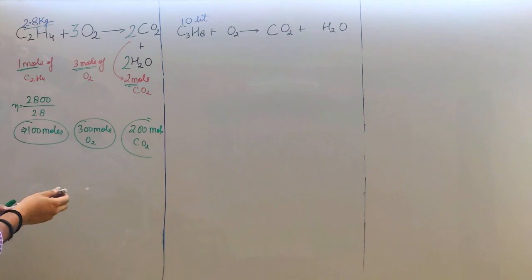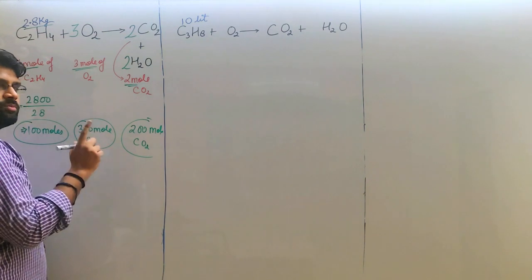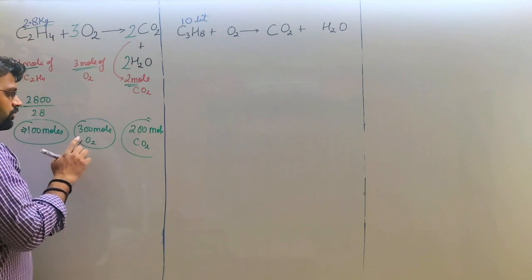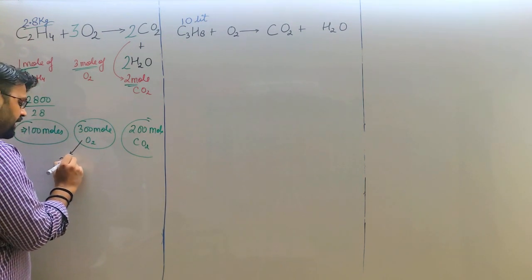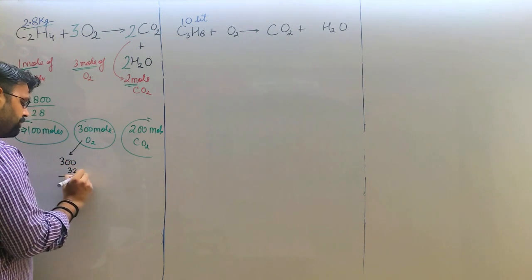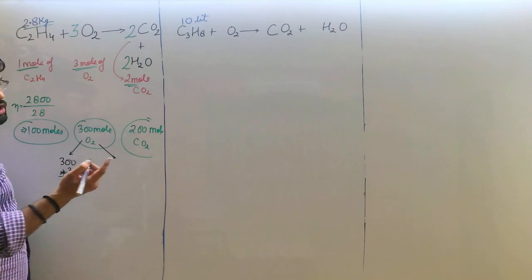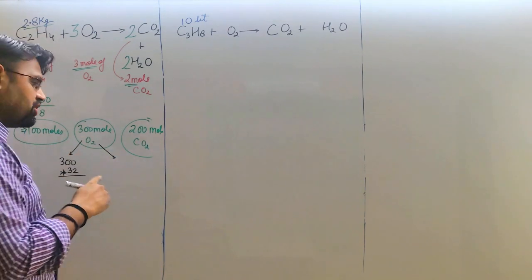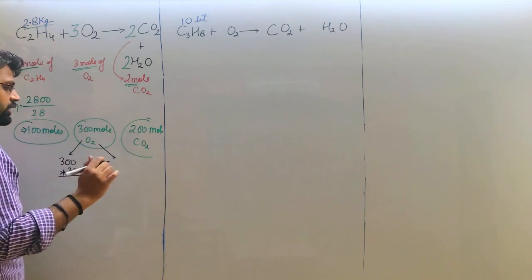Now what is the mass of oxygen required? 1 mole of oxygen weighs 32 grams, so 300 moles will weigh 300 into 32. Simple multiplication. And what can we say about volume? 1 mole of any gas, not just oxygen, CO2, NO2, SO2, any gas, occupies 22.4 liters.